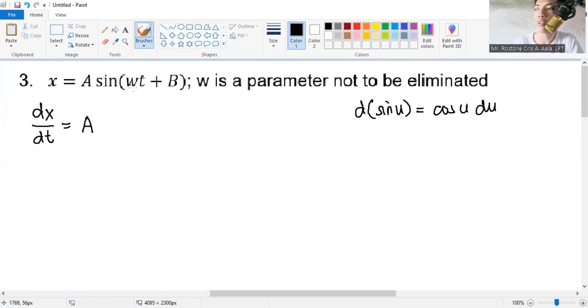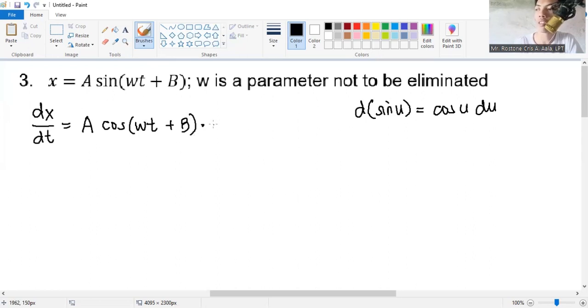So since w is the numerical coefficient of t, so that we have cosine, ayan, kopyahin muna natin wt plus b, then multiply it by the derivative of wt plus b. So since our function is in terms of t, dapat ang ating pagkuha ng derivative, so yung w will be given numerical coefficient.